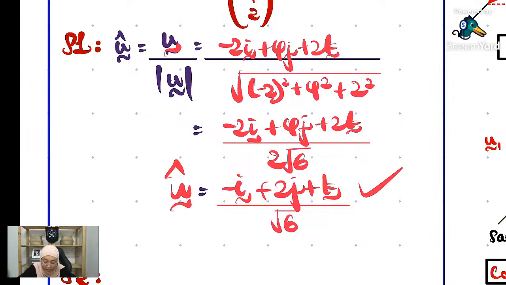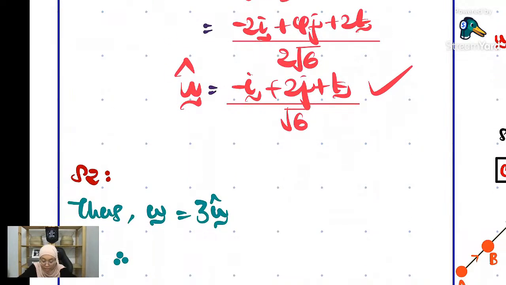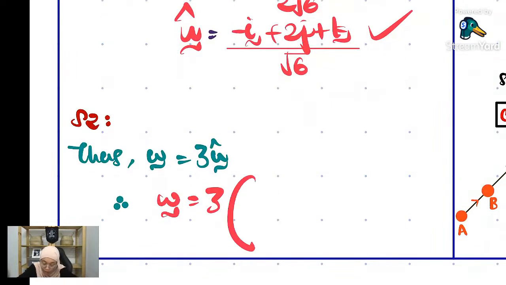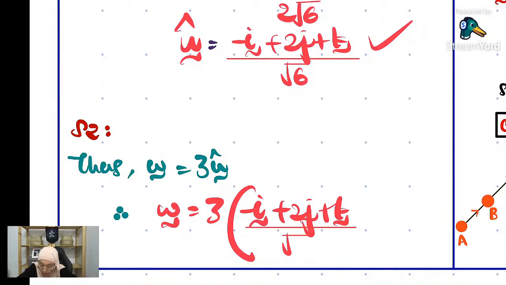This is our u hat, but we are not finished yet because we are asked to find 3 times the unit vector. Thus, hence the w vector is equal to 3 times our unit vector, and so our w is equal to 3 times negative i plus 2j plus k over square root 6.